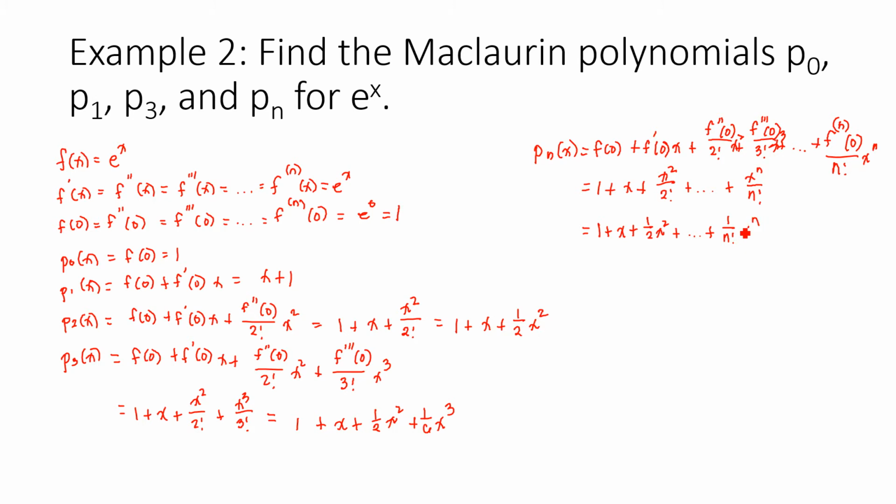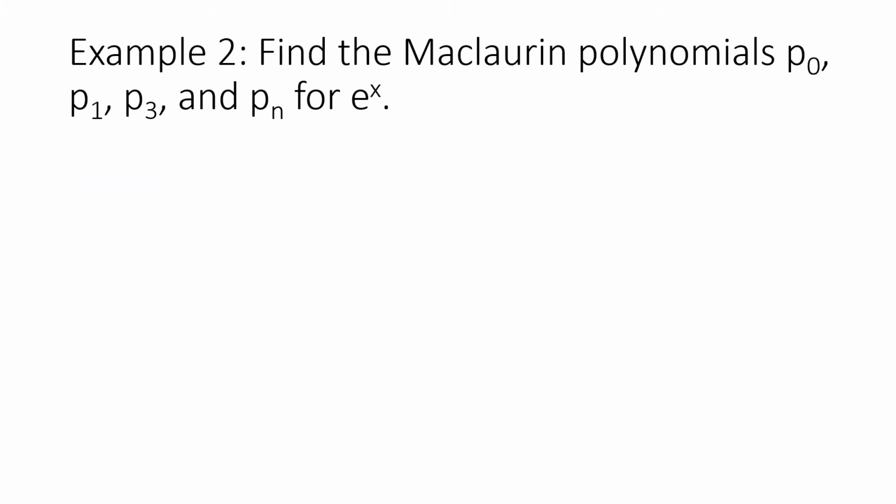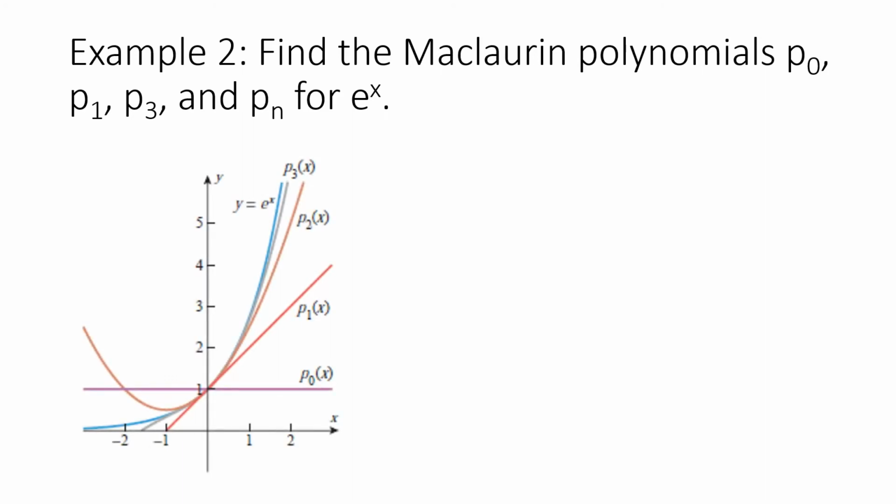So if we are going to graph this one, this shows the graph of e raised to x, which is the one in blue, and the graph of the first four Maclaurin polynomials.